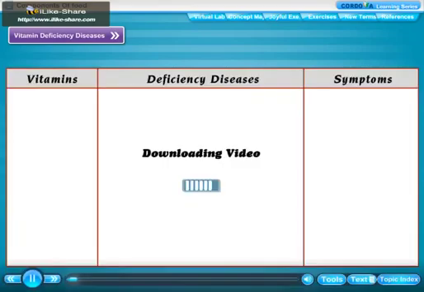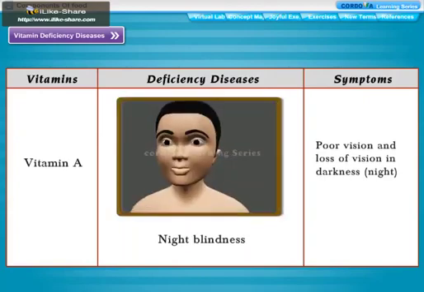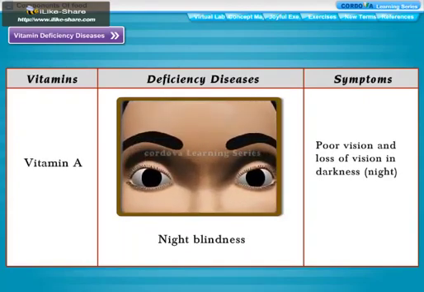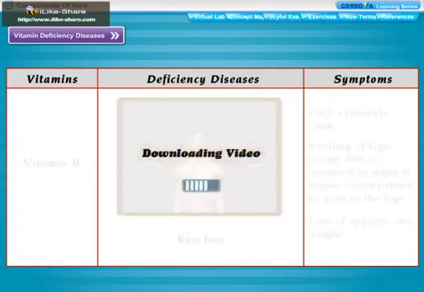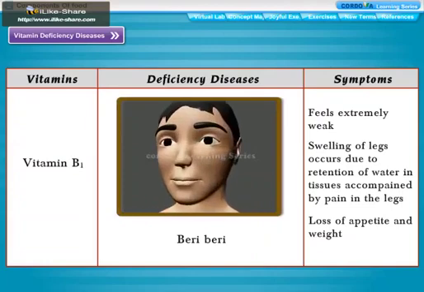Vitamin deficiency diseases. Diseases caused by the deficiency of certain vitamins are listed in the following table. Some vitamins, deficiency diseases and symptoms. Vitamin A, night blindness, poor vision and loss of vision in darkness, night. Vitamin B1, beriberi, feels extremely weak.